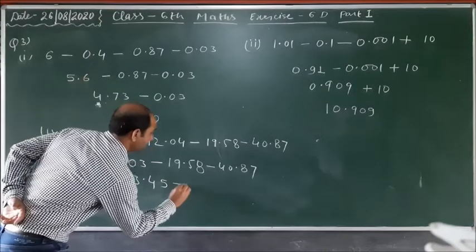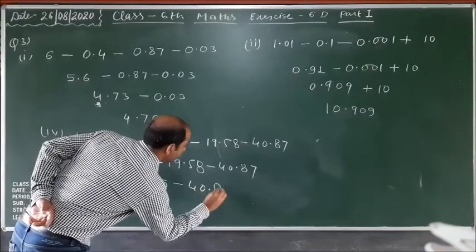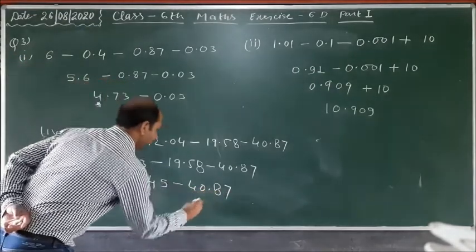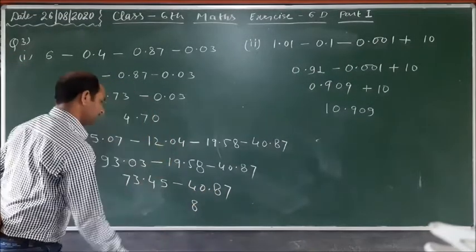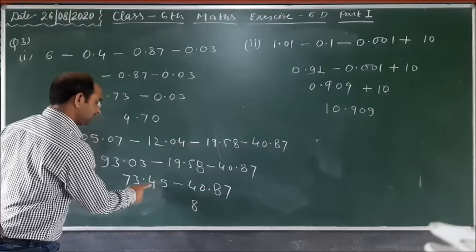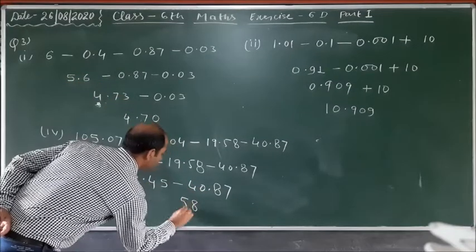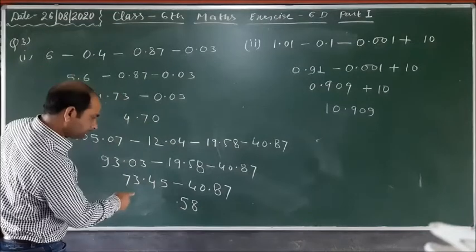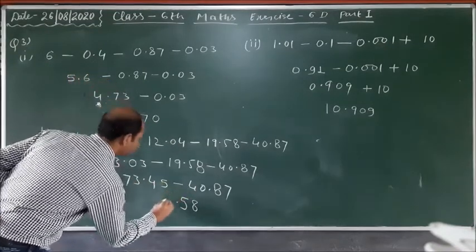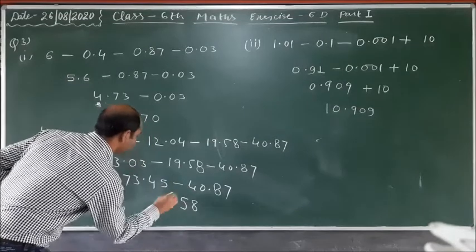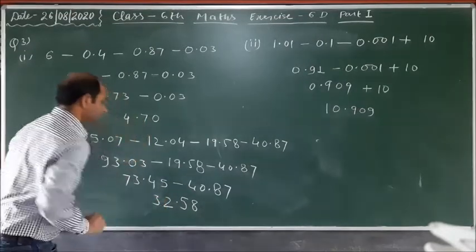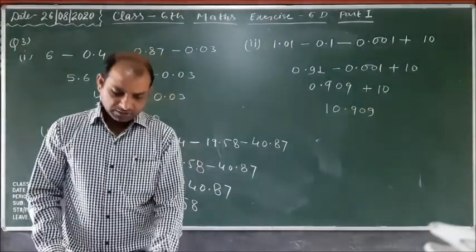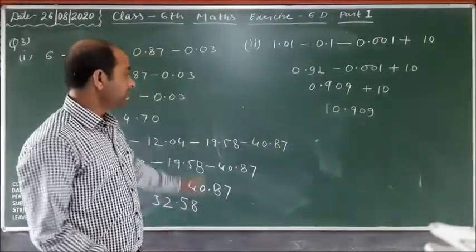Now the next number is 40.87. Now 15 minus 7 equals 8, and 13 minus 8 equals 5, decimal, and 2 minus 0 equals 2, and 7 minus 4 equals 3. 32.58. Okay, dear children. So question number 3 is completed.